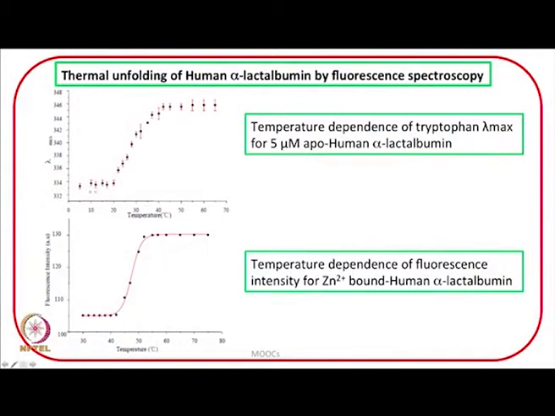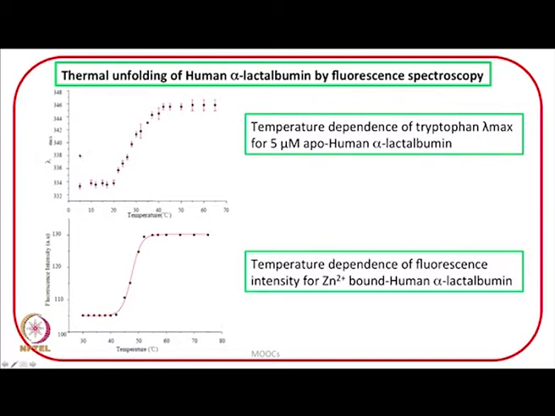The upper figure shows how the wavelength lambda max changes when the temperature is increased. As the temperature is increased, the wavelength increases, that means there is a red shift, and a sigmoidal kind of curve is obtained. And in the lower panel, what is shown is how the fluorescence intensity changes with increase in temperature.